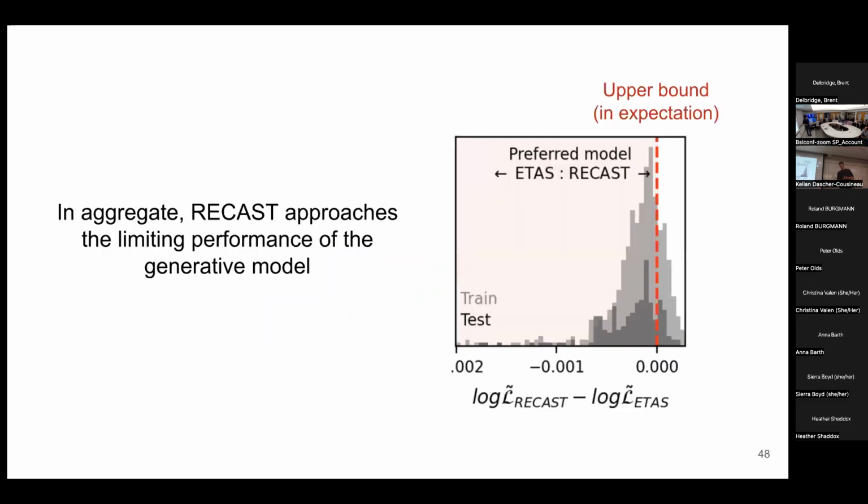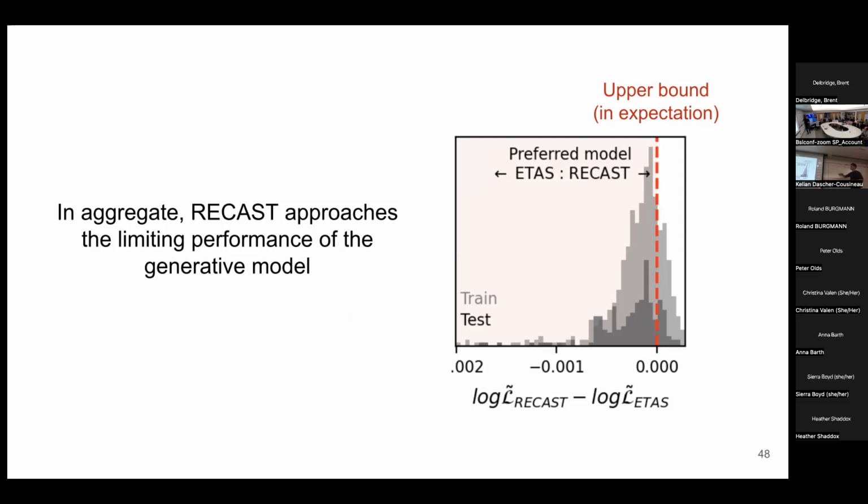If you want to be a bit more quantitative about this, we can compare the goodness of fit of recast and ETAS, remembering that ETAS is the generative model here, so in a statistical sense, it is the upper bound of potential performance. But nonetheless, a good model should have its log likelihoods really approach the theoretical maximum performance.